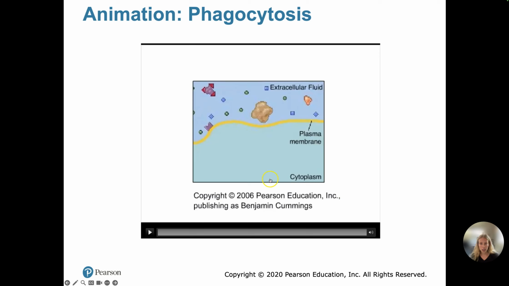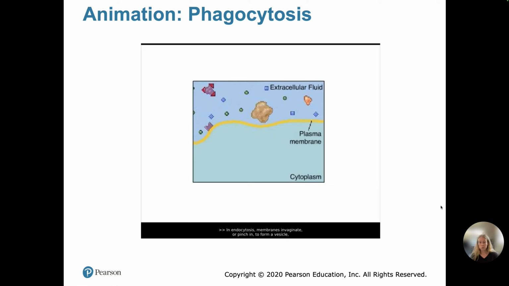And here's a video on phagocytosis. In endocytosis, membranes invaginate or pinch in to form a vesicle, moving the enclosed materials inside the cell. This process can take different forms, each involving its own specific cell machinery. In phagocytosis, or cell eating, the cell engulfs debris, bacteria, or other sizable objects.